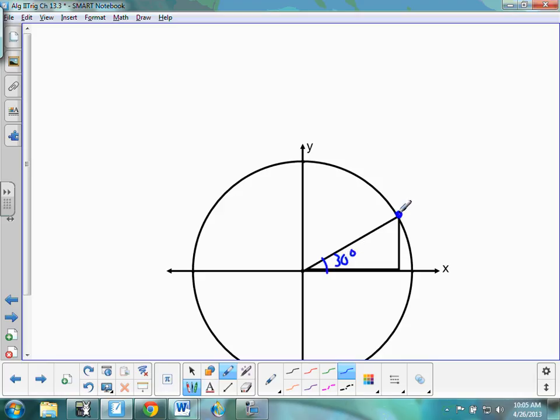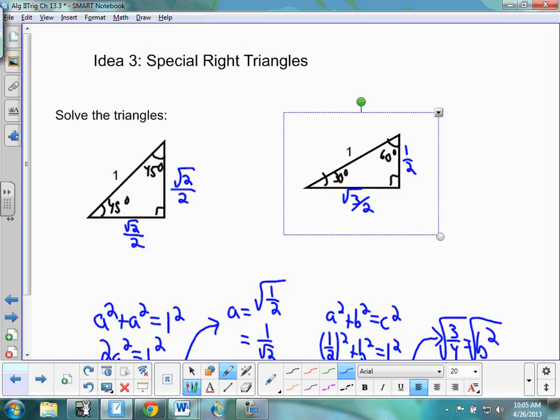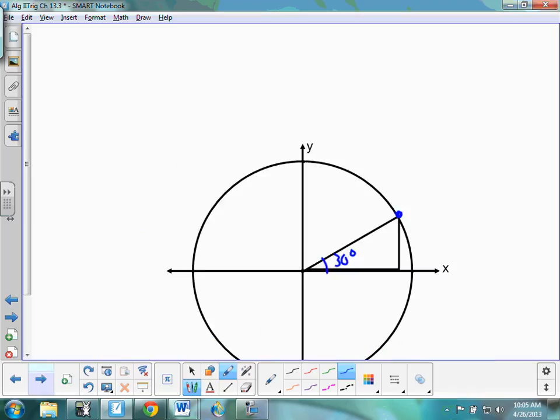What's that point? This distance right here is root 3 over 2. This distance here is 1 over 2. So this is the point root 3 over 2, comma, 1 over 2. That's the coordinate of that point, because this distance here was root 3 over 2, and this distance here was a half.